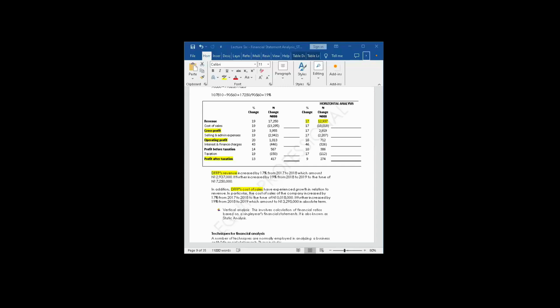So this is not the way you are supposed to write it. When you are putting the percentage change, you also have to give us the absolute change, and that's the essence of why you computed the percentage and the absolute change. This is the basic requirement by ICAN if you are writing on trends in the exam.